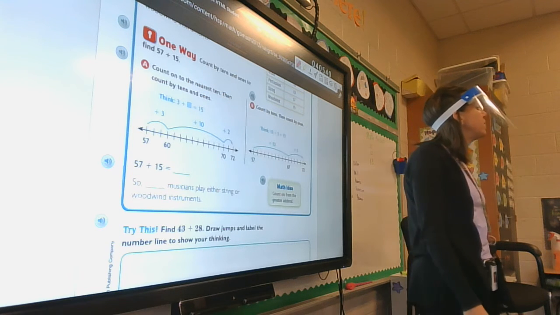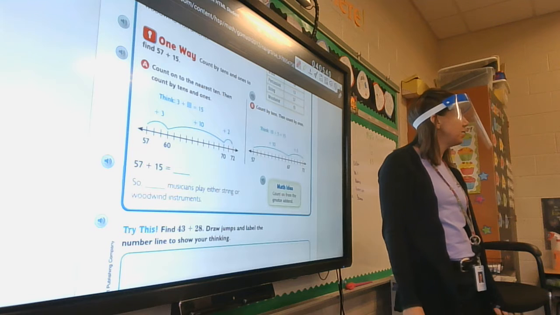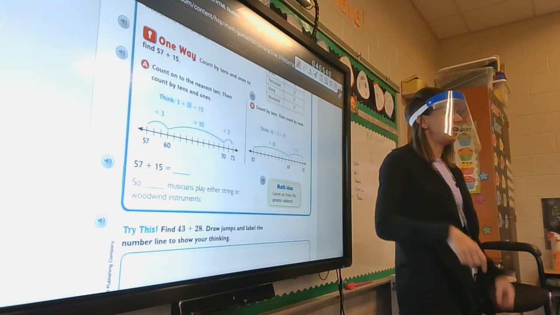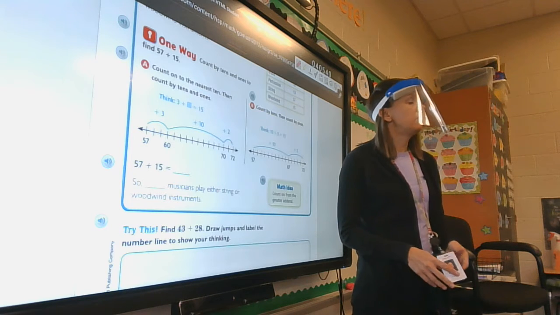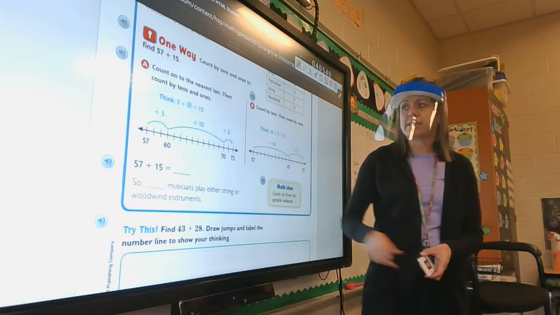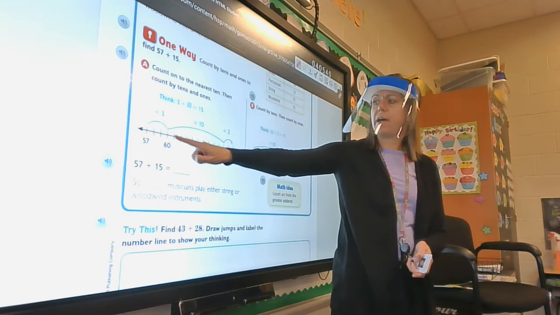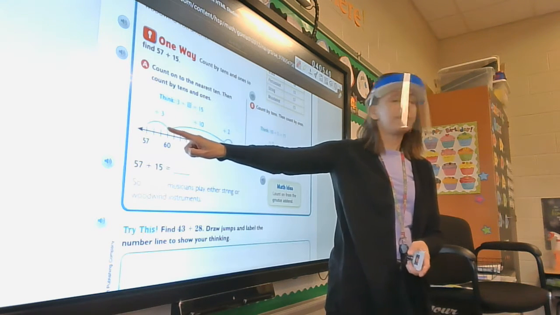So we're going to start with our biggest number. So if I start at 57, what's my next 10 if I started counting? Riley? 60. So if I counted from 57 to 60, I make a small little hop of 3, right?